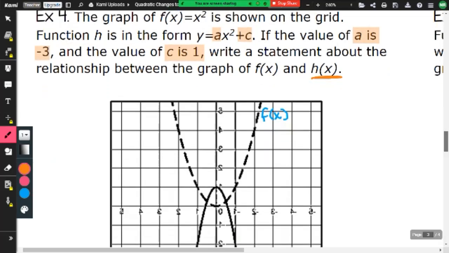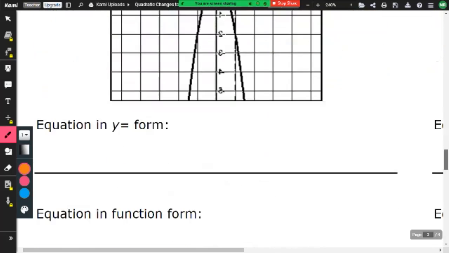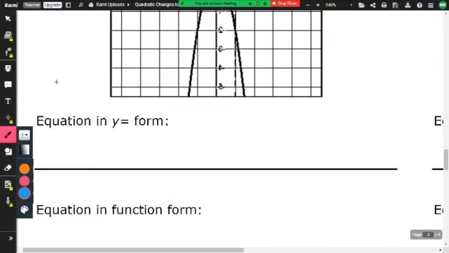So written in y equals form, how would you write this? Y equals what? What do we change in front of the x squared? -3 x squared plus 1, correct. That -3 represents A. A is always in front of x squared.